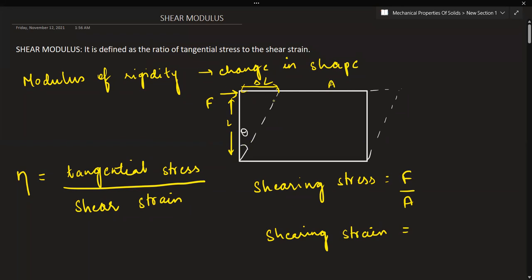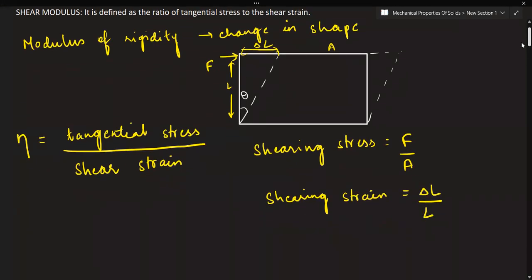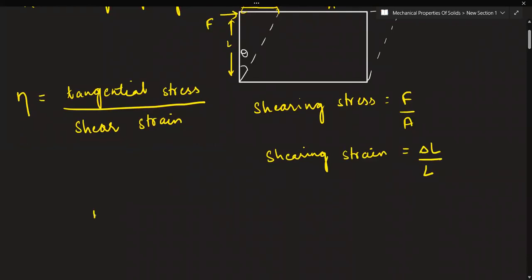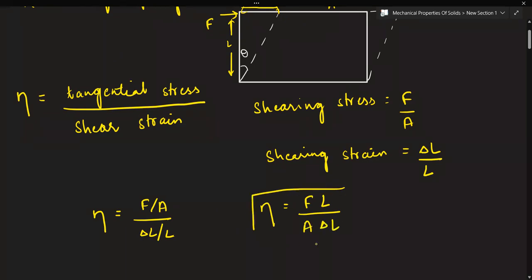We took out this triangle, we rotated the figure, calculated tan theta, which is delta L by L. So we can conclude that shearing stress by shearing strain would be equal to F by A divided by delta L by L. On simplification, it would be FL divided by A delta L. This is the formula for shearing modulus, or modulus of rigidity.